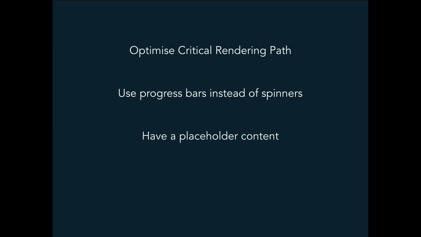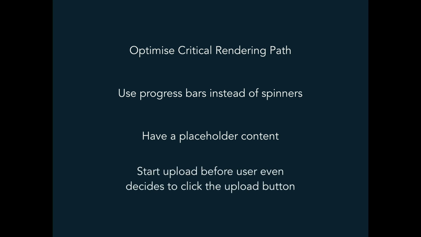Or how to have placeholder content, so these gray areas that mark places where the content is going to be loaded in a minute, like Facebook does, for example, or even how some pages start uploading the media before the user even knows they want to upload it. They have only chosen the media in their device's media library.